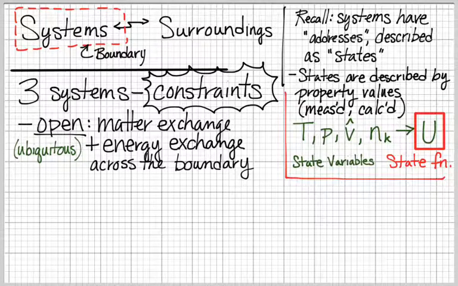Ubiquitous systems all over the universe are open systems. An open system means it's a system where mass and matter, electrons or air or water vapor or others are exchanging across the system's surroundings boundary. So I have matter exchange and I have energy exchange across the boundary. That's the definition of an open system.